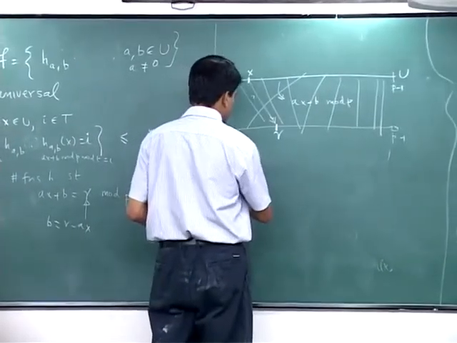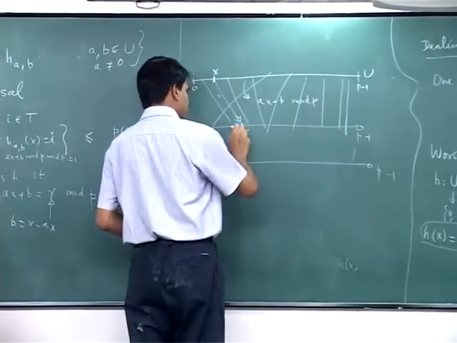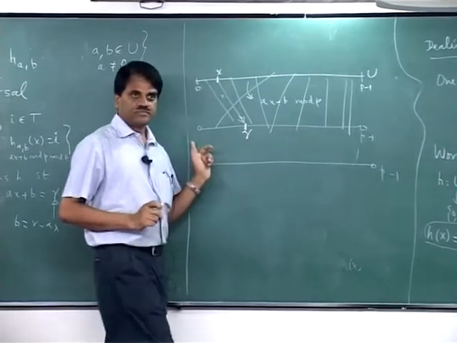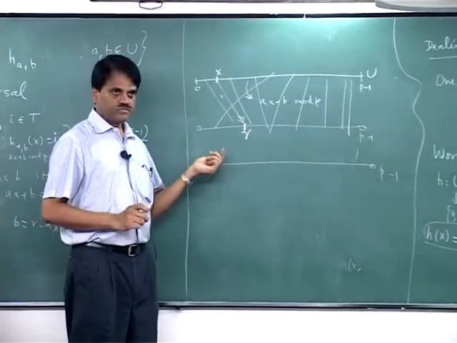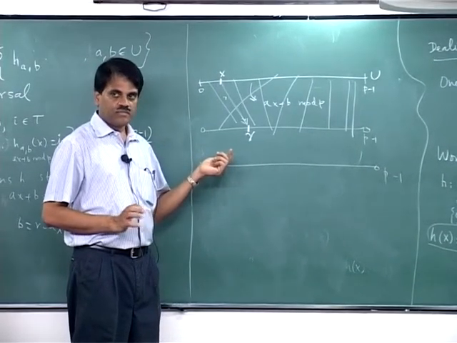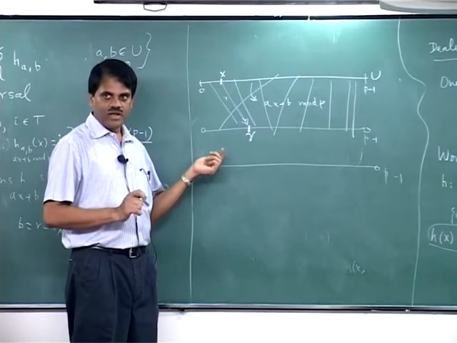So now when I look at mod t, how many values are congruent to r mod t? P by t, right?